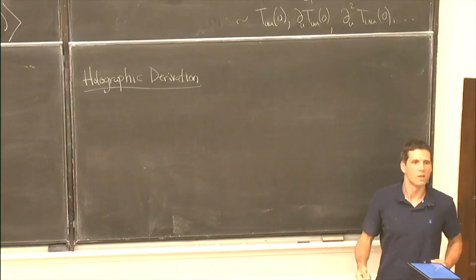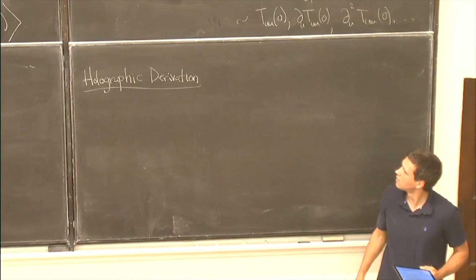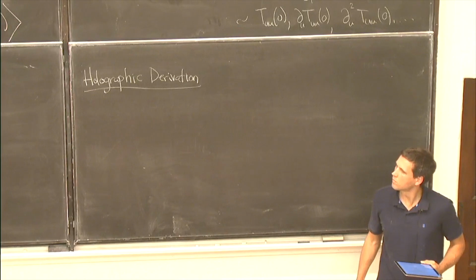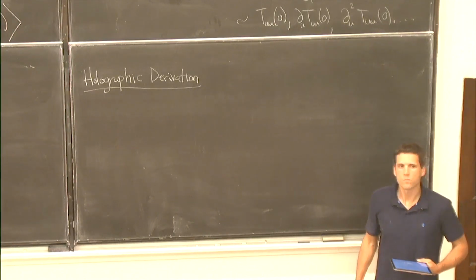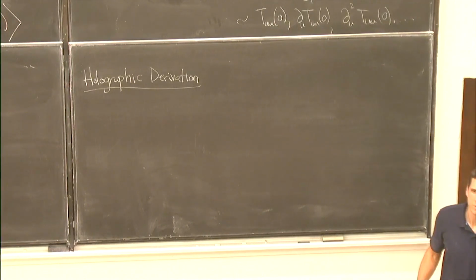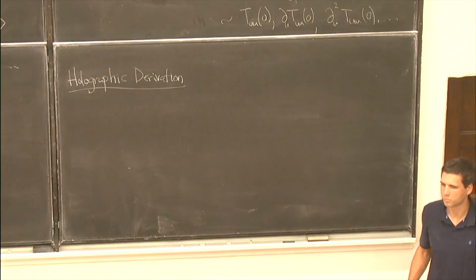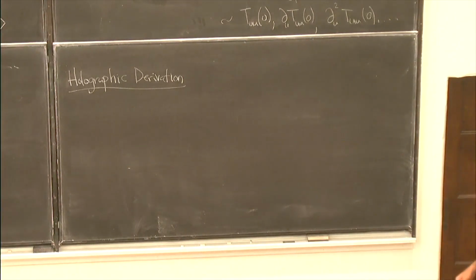Yes? Just a question, is there an easy way to see why we would expect the stress tensor to dominate this next order contribution, like some other operator? Sorry, say that again. To dominate the what? You've calculated the contribution of the stress tensor, but you haven't shown this is the dominant contribution. I mean, hypothetically, there could be another operator. Yeah, so the dominant contributions in general are the lowest twist operators. The lowest twist spinning operator is always the stress tensor because the conserved operators have minimal twist.